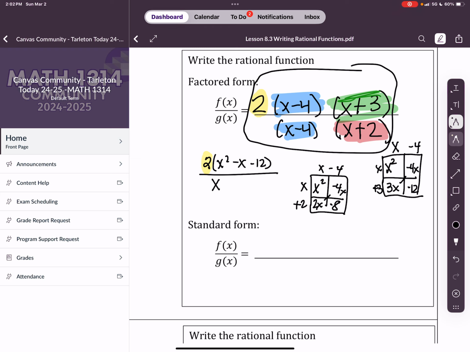So that's going to be x squared minus 2x minus 8. Okay, and the last thing I just need to do is distribute the 2 inside to bring it down here to my standard form. So that would become 2x squared minus 2x minus 24 over x squared minus 2x minus 8. Okay?